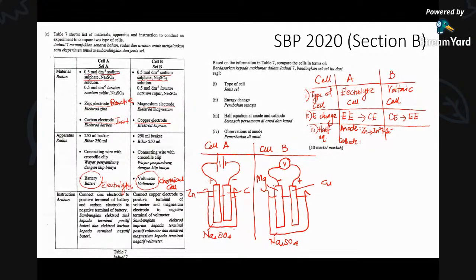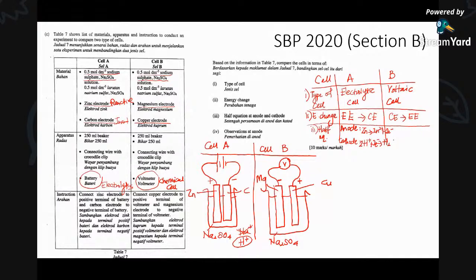Two ions, Na positive and H positive. So definitely H positive, okay, because H positive is at the bottom of ECS. So H positive will become H2. So plus 2 electron over here. Okay, so this will be the half for the cathode.